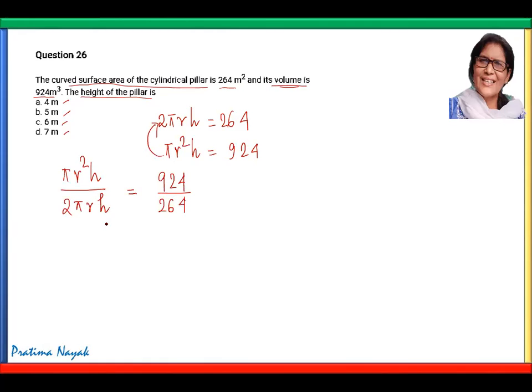Because I can cancel h, and only r will remain. So h will be cancelled, pi cancels, and I'm getting r square by 2 into r is equal to 924 by 264.